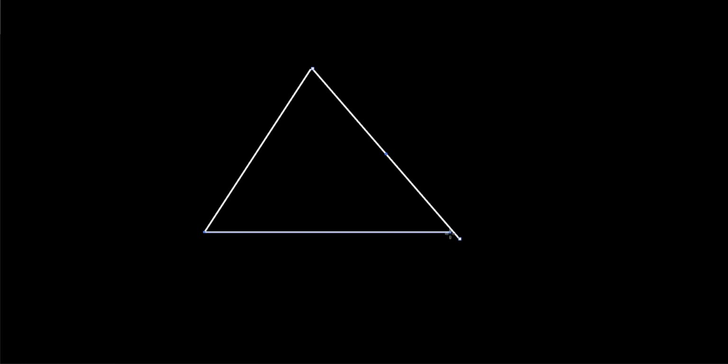Let's draw a couple triangles again. Actually, let's just draw one big triangle for right now. And I'm going to try to make this as accurate as I can. It's a little off. I can fix it by doing this. I want this one to line up with that. Okay, that's not too bad.